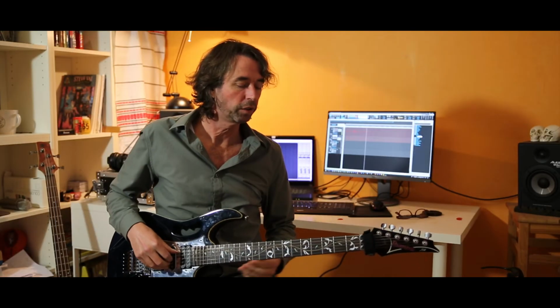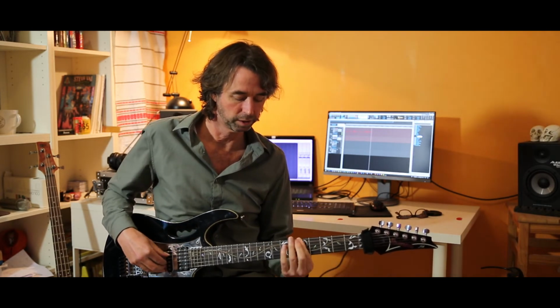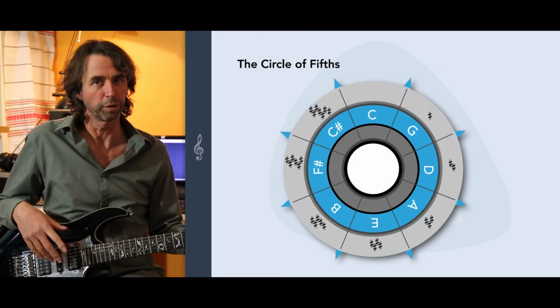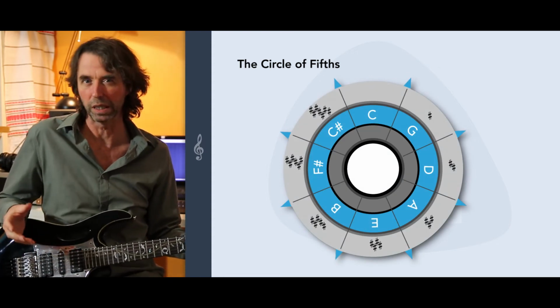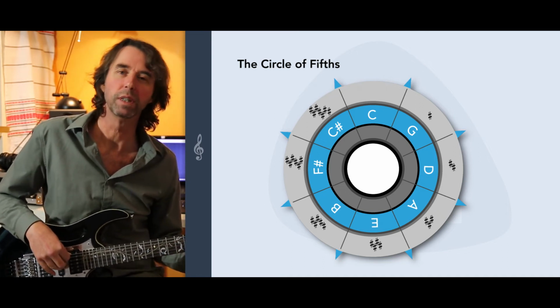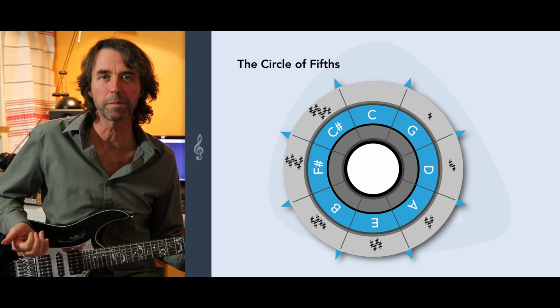So what we did on the guitar neck, moving in fifth intervals from the root C like this, we can put in a visual system called the circle of fifths. It represents all the keys in distances of fifth intervals, with information about the amount of sharps for each key.